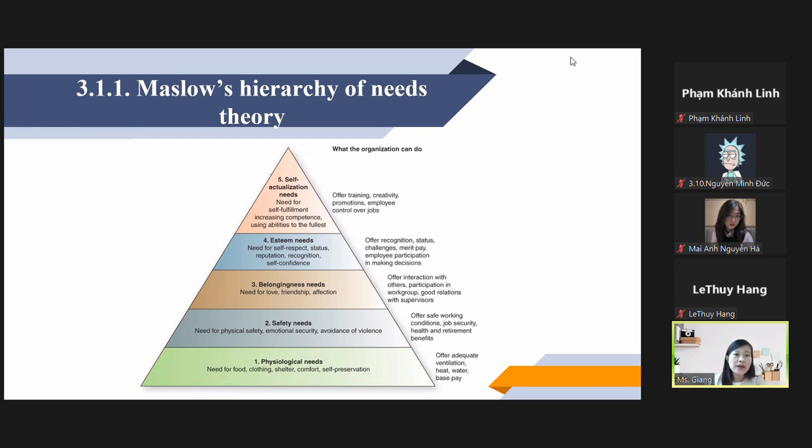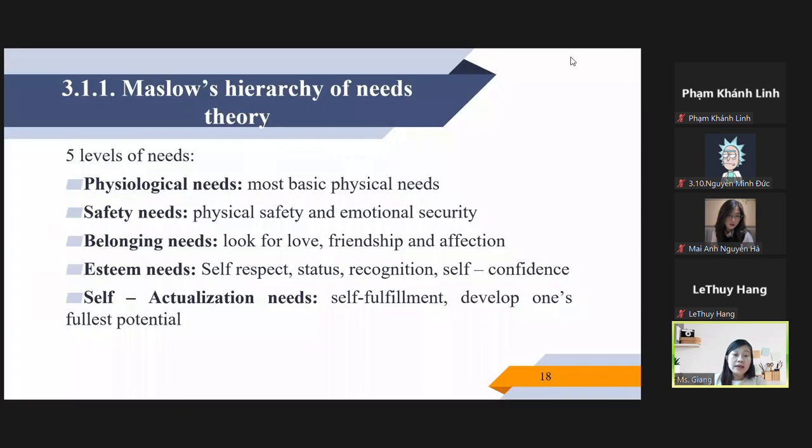You satisfy the need in order to be alive. The second level of need is the safety need. So you want to be safe physically and emotionally. So it is the physical safety and emotional security.